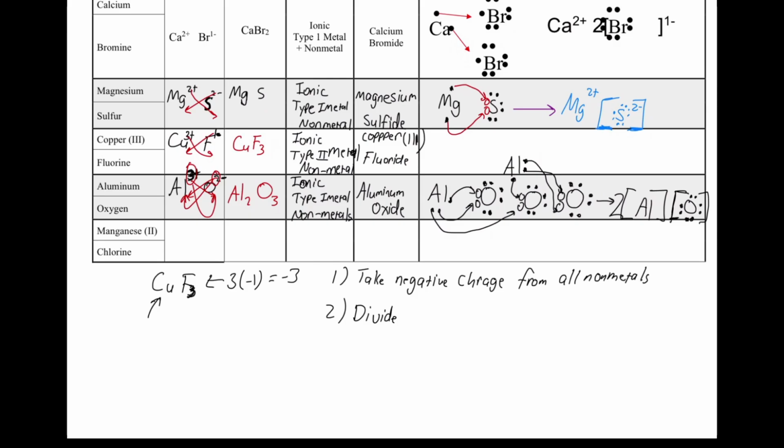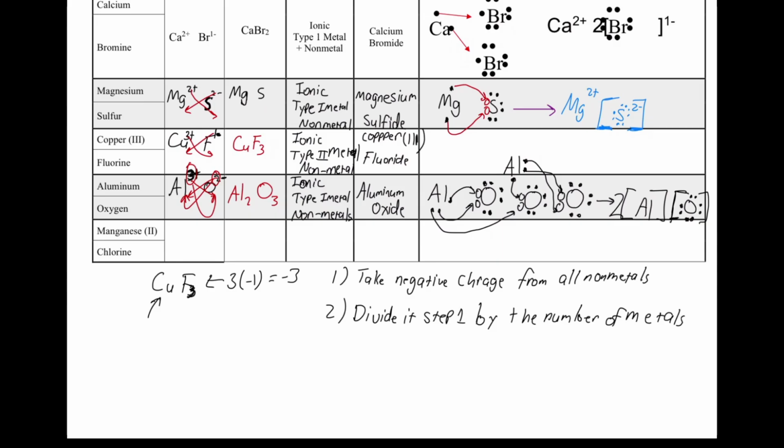Step 2: you divide the results from step 1 by the number of metal atoms.